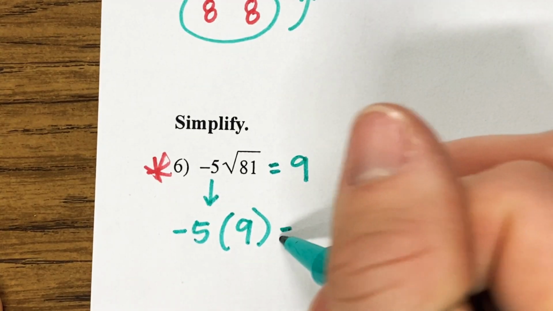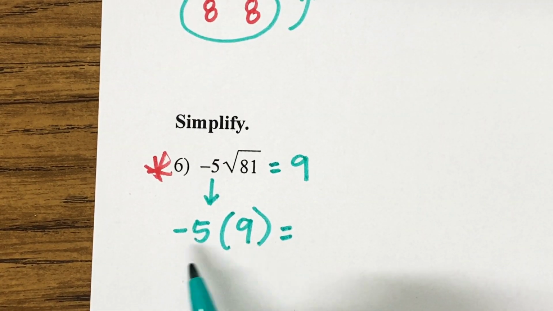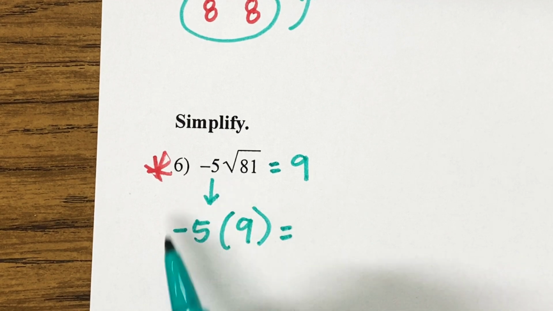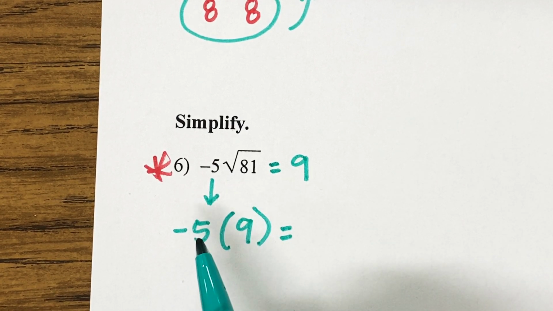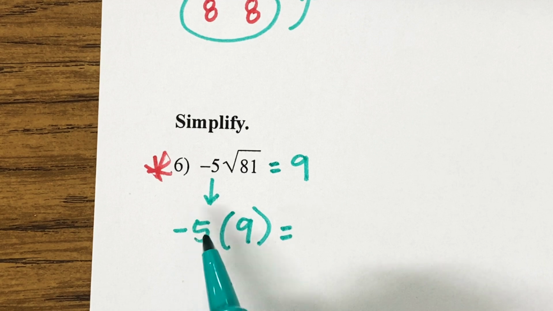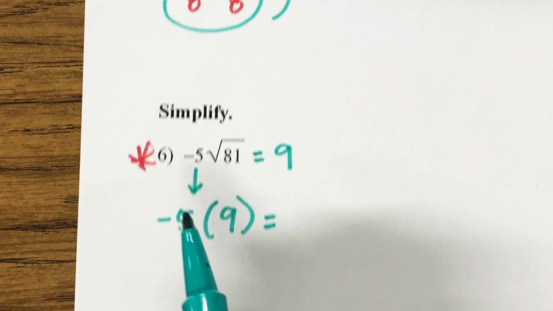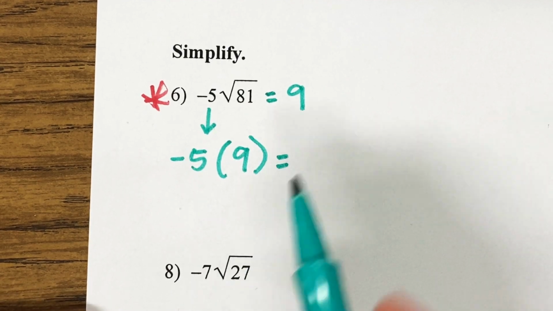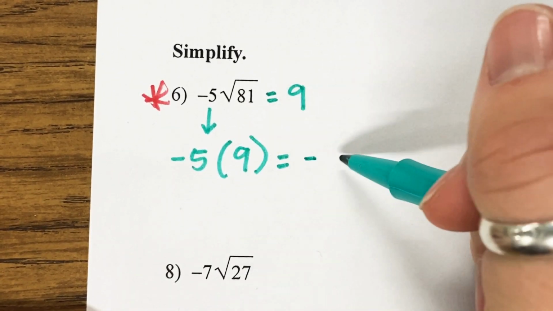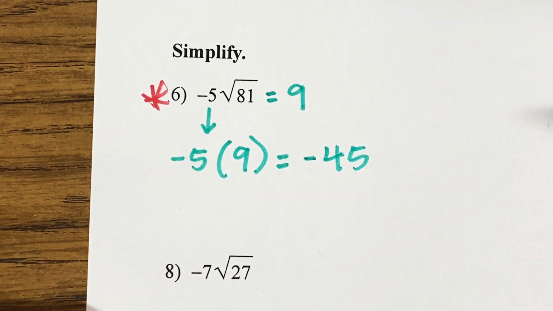What's actually happening here now is we are multiplying these two. So what is -5 times 9? You can use a calculator. -5 times 9 is going to give me -45.